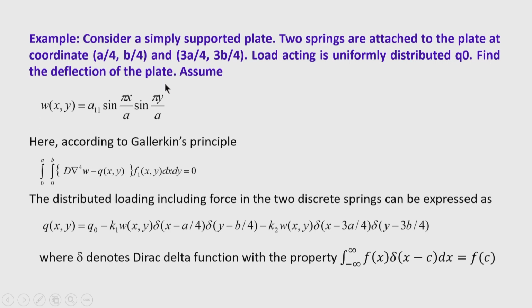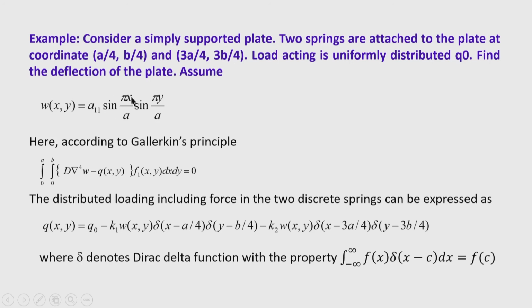Now, for simplicity, we assume a one term deflected series. For a simply supported plate, the Navier series can represent the deflection surface truly, provided a 1 is correctly evaluated.